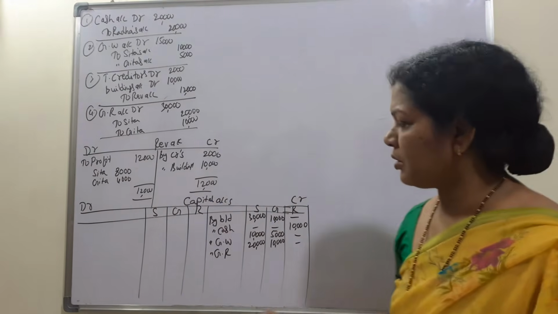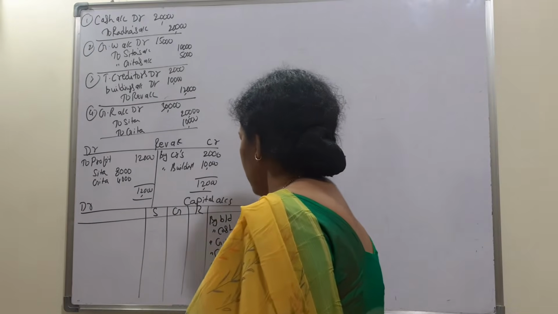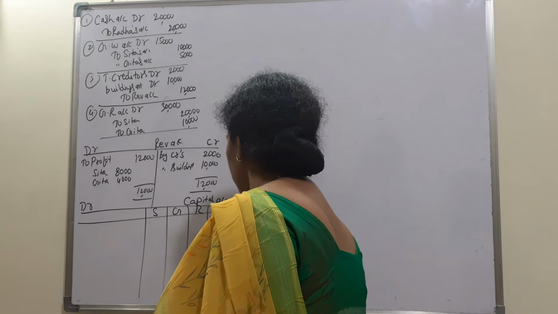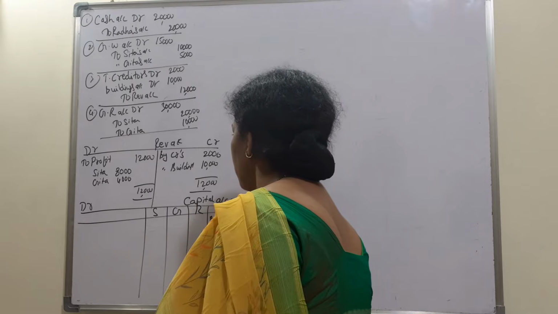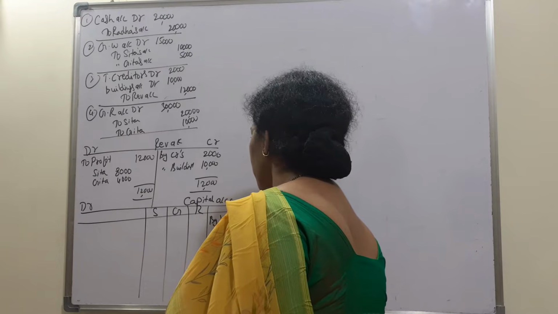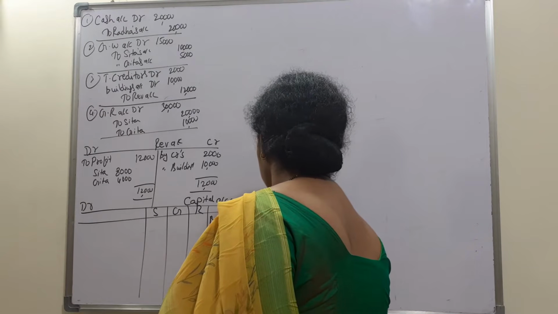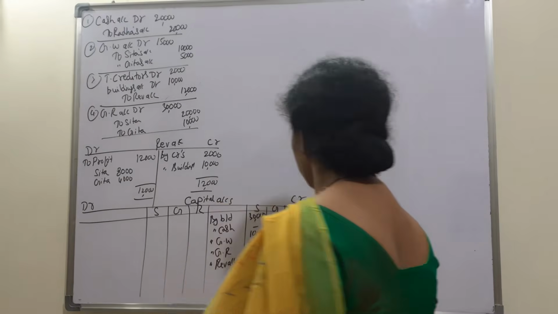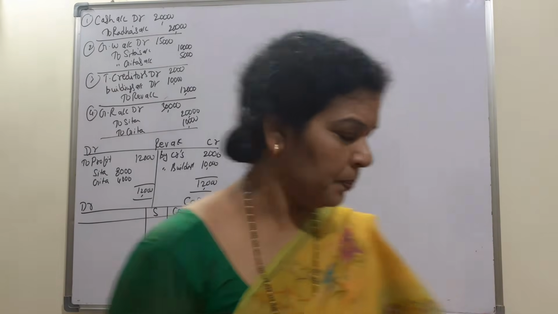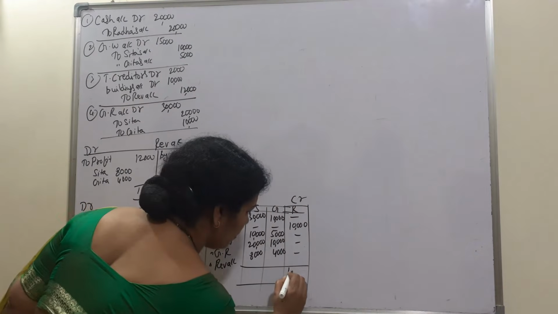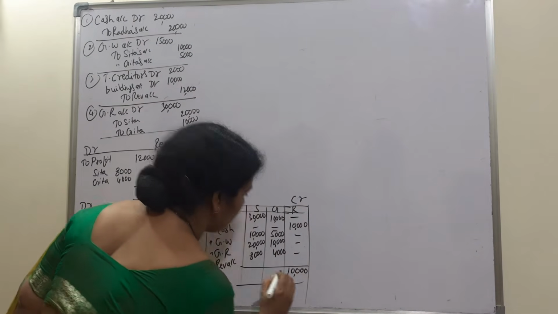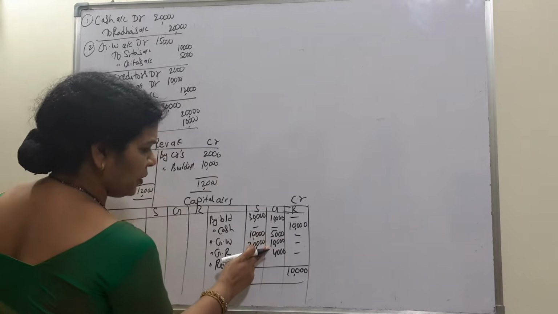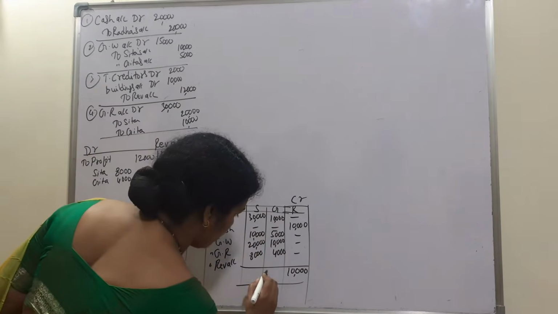Now the revaluation account, debit to credit, 8,000 and 4,000. So if we total up, this is 10,000, 10,000, 20,000, 25, 29,000.